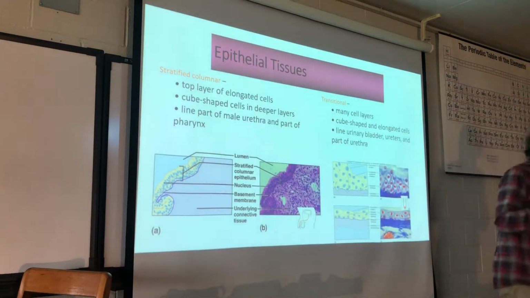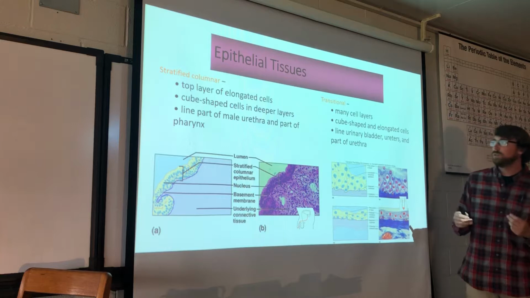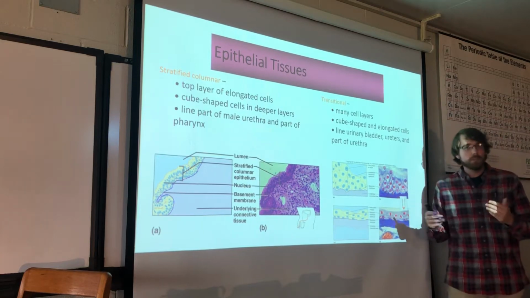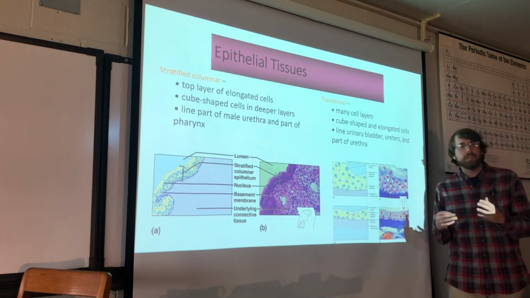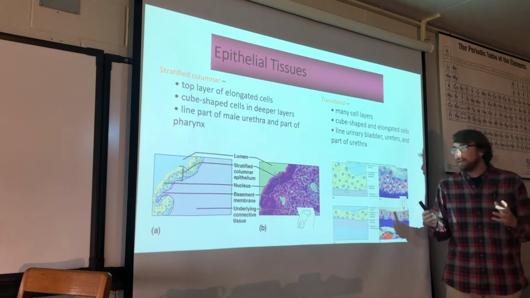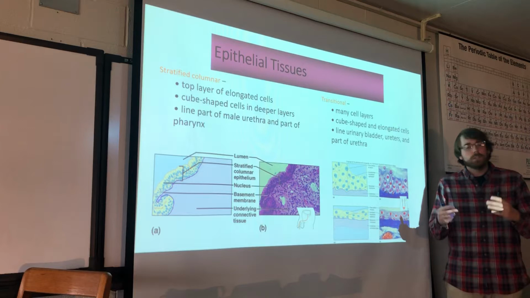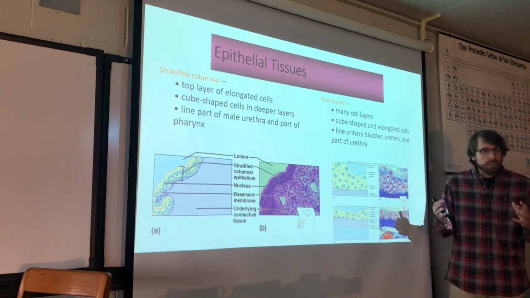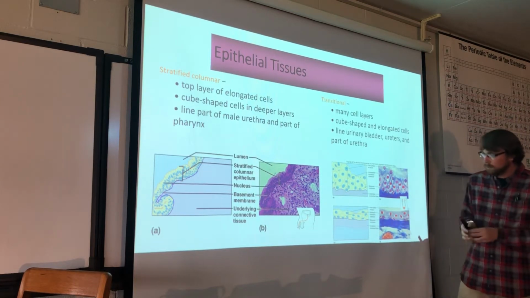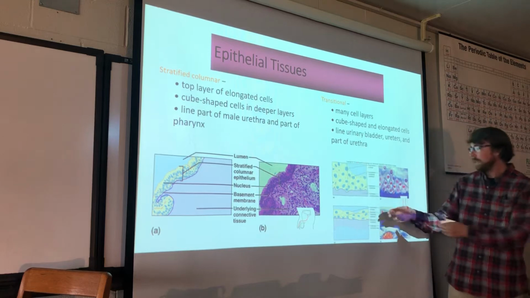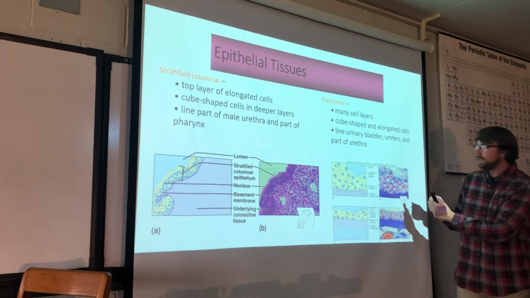Our last main type of epithelial tissue is going to be transitional epithelial. This tissue is best explained by explaining its main location, which is the urinary bladder. As you're aware, your bladder changes size and shape depending on how full it is. So these cells need to be able to go through transitions.